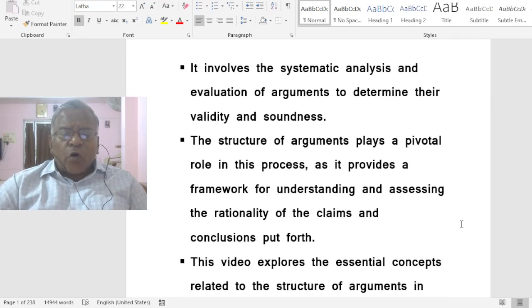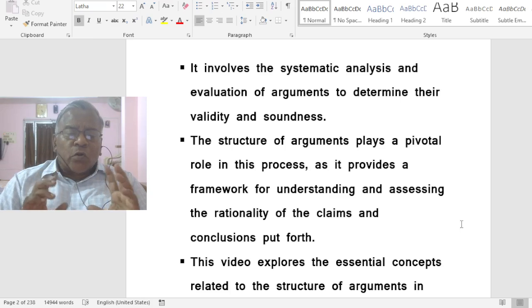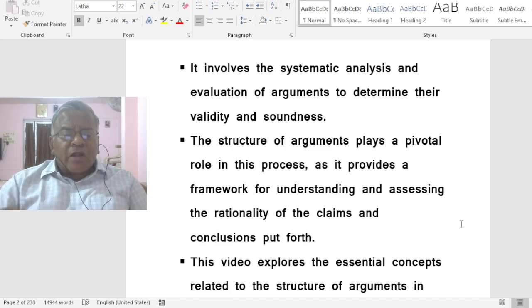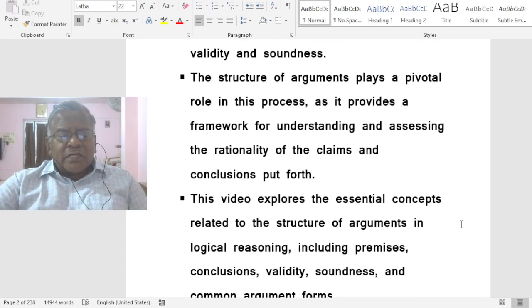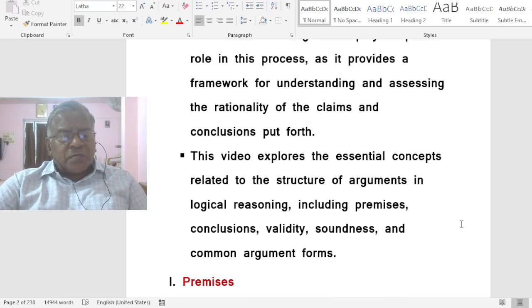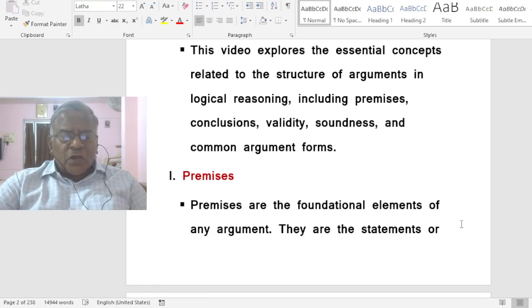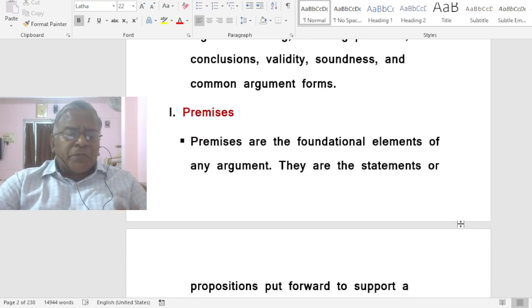The structure of arguments plays a pivotal role in this process as it provides a framework for understanding and assessing the rationality of the claims and conclusions put forth. This video explores the essential concepts related to the structure of arguments in logical reasoning, including premises, conclusions, validity, soundness, and common argument forms.